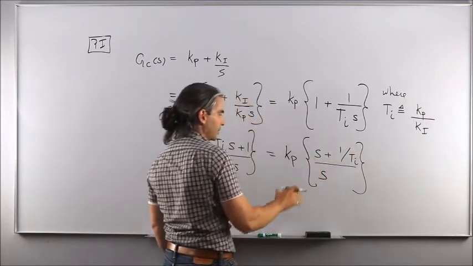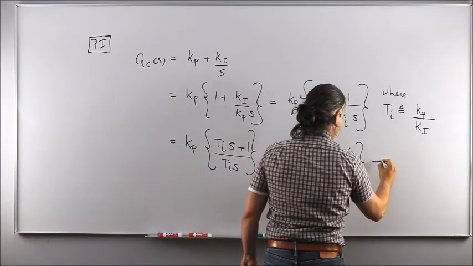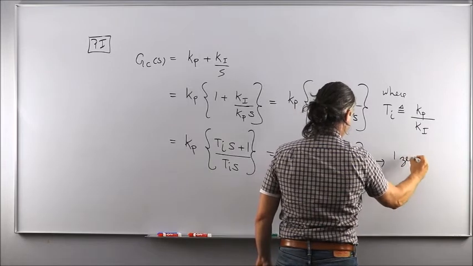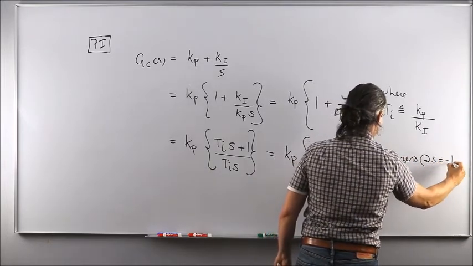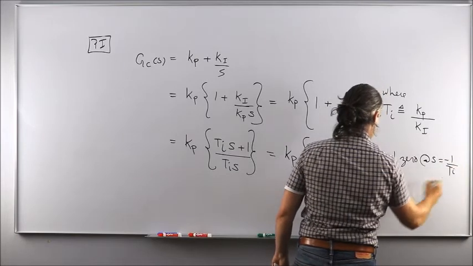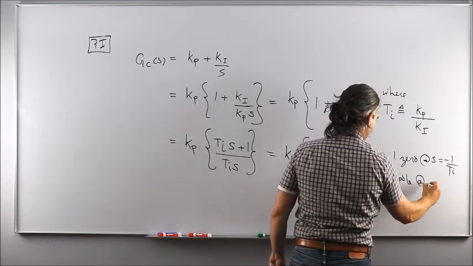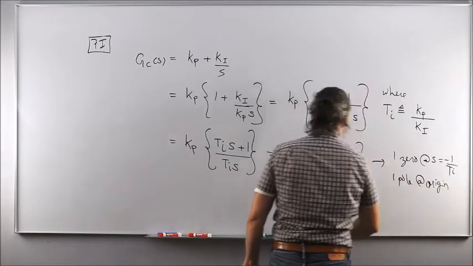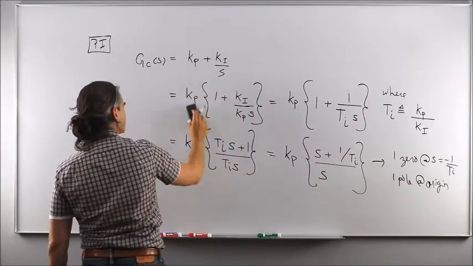in terms of poles and zeros. Because a PI adds 1 0, located at S equal minus 1 over Ti, but also one pole, where? Well, at the origin. So you can clearly see that the pole is further to the right than the 0.